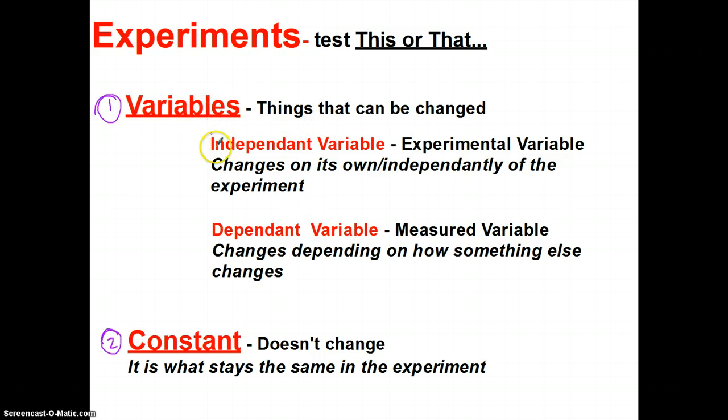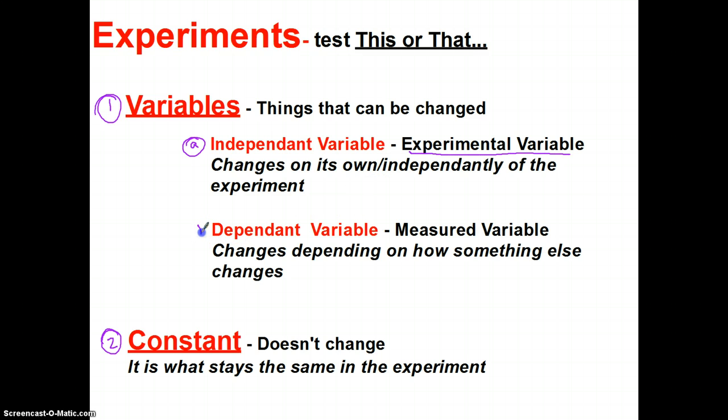So the variables come in two flavors. They're not two different things, they're different ways of looking at the way we're doing the experiment. The first thing is the independent variable. It is what we are experimenting with, and we only want one of those.